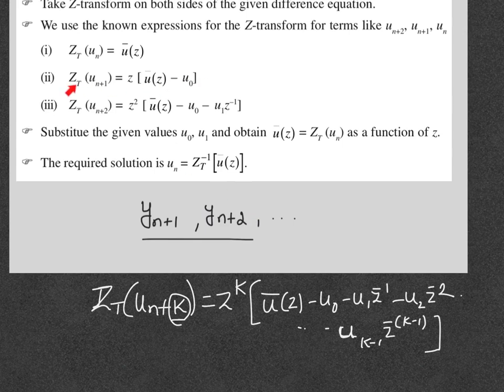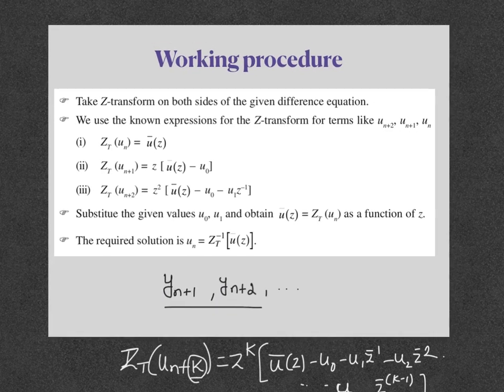That is why Z transform of u(n+1) is z times (u bar z minus u0). Similarly, u(n+2) will end here, and u(n+3) will end at u2 z power minus 2. So it is based upon the order of the difference equation.